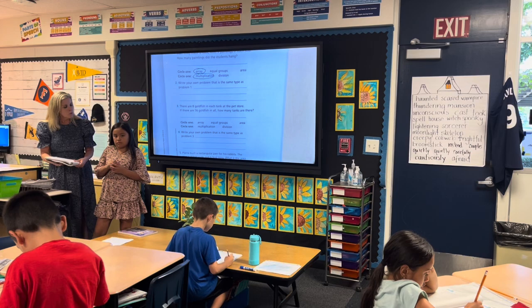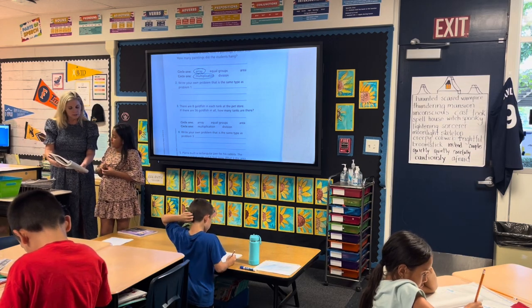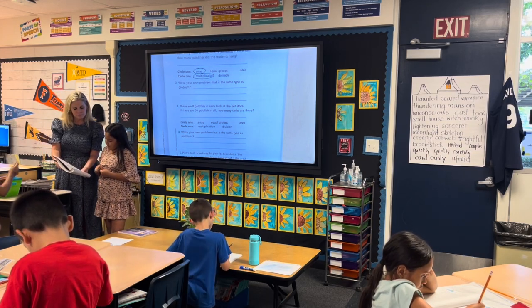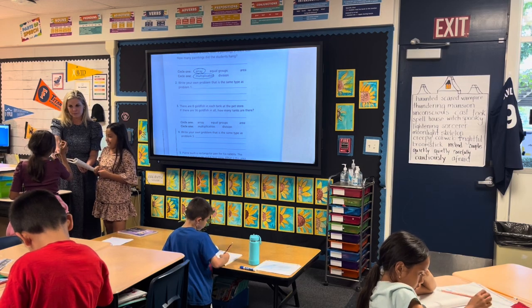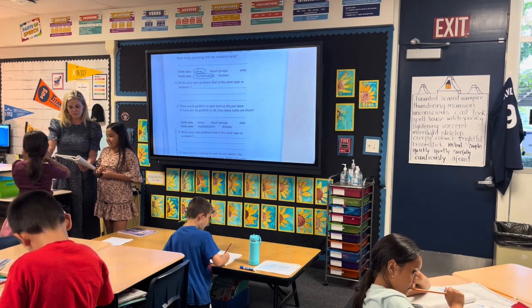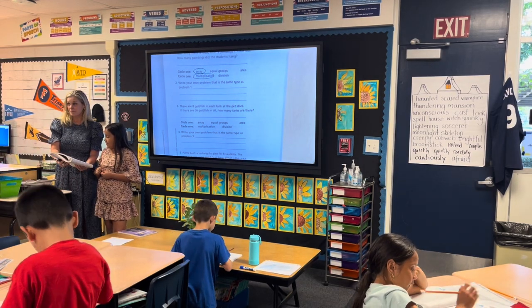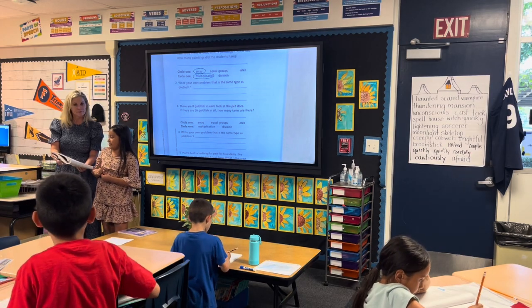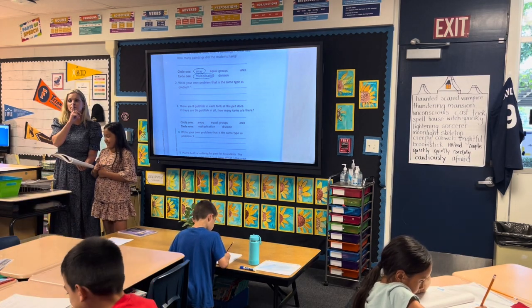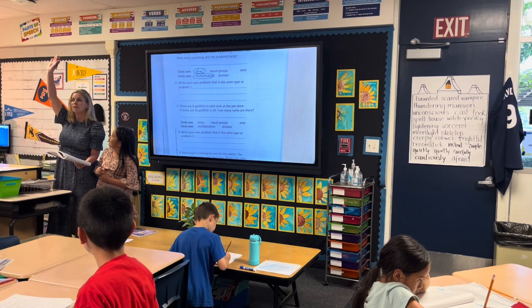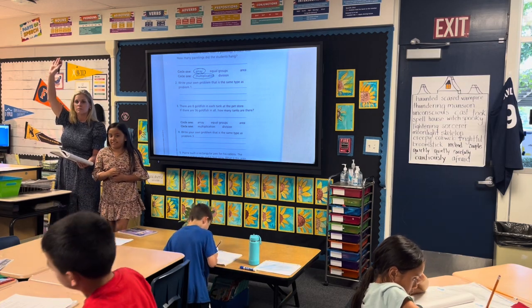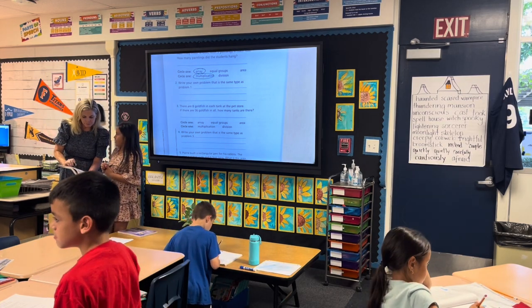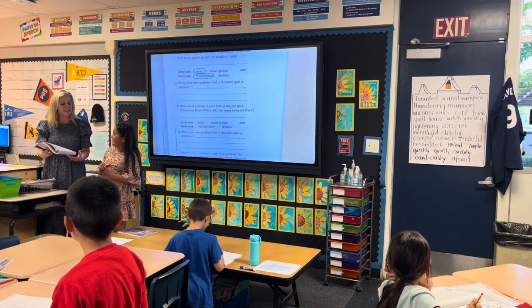So, what kind of equation would you write for this word problem? Oh, it's not your turn. It's Belsey's turn right now. 4 times 9. Yes, and what's the answer?